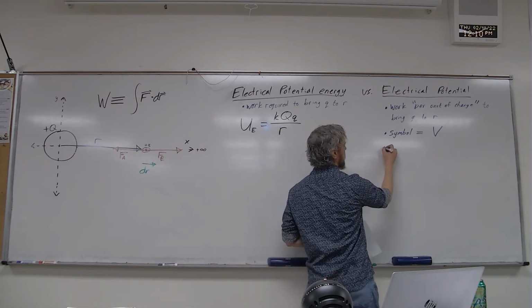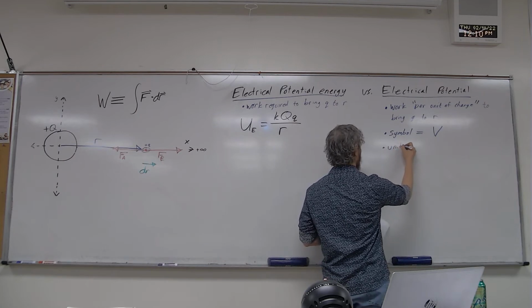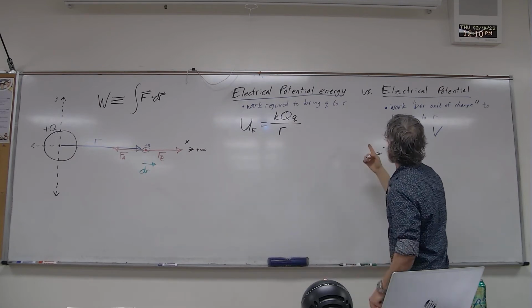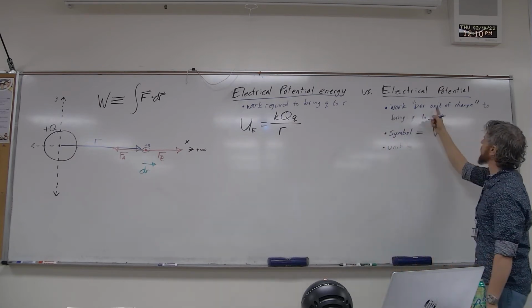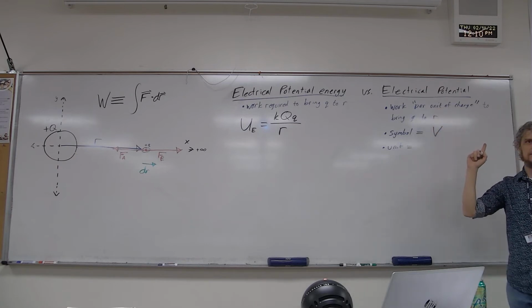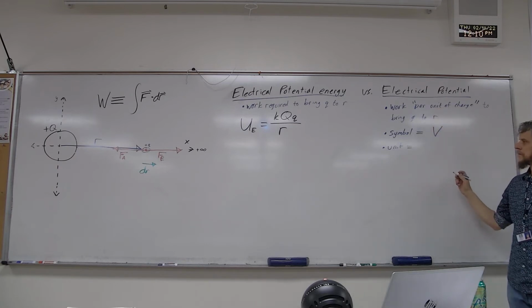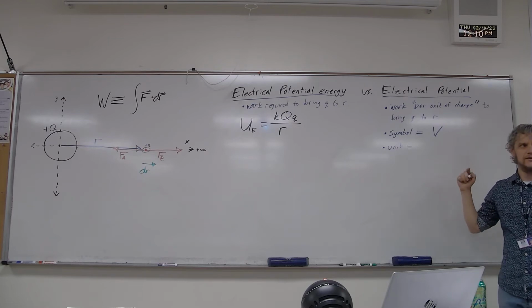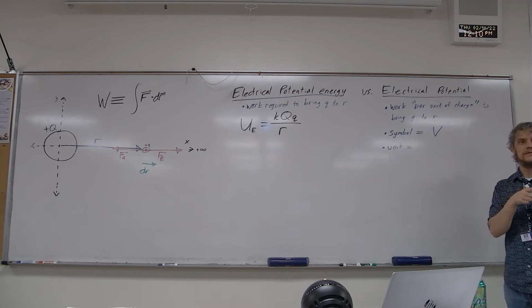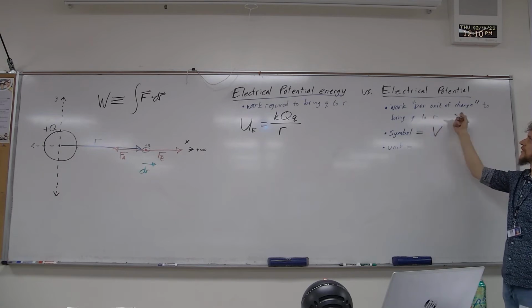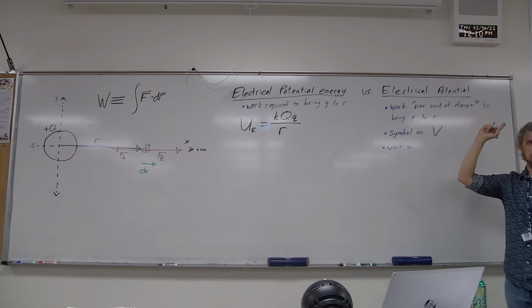The unit is, well, if it's work per unit charge, what's the unit? So we're understanding the units. Electric field, the units are newtons per coulomb. What is it? Work per unit of charge. Per means divide.